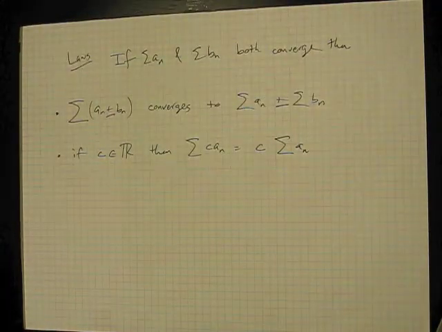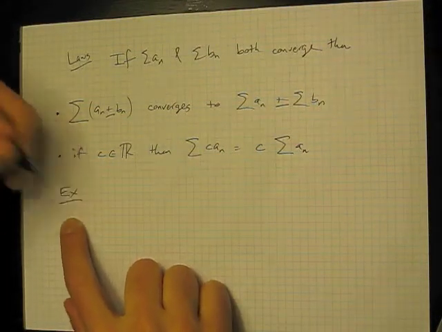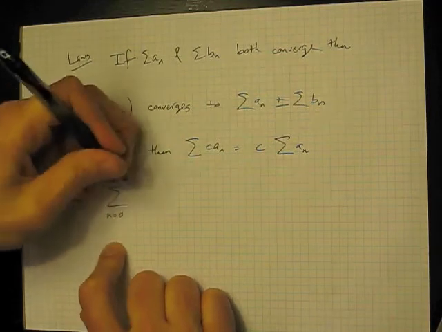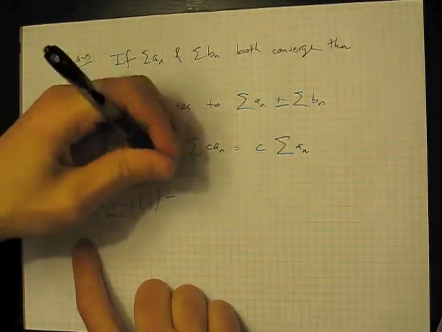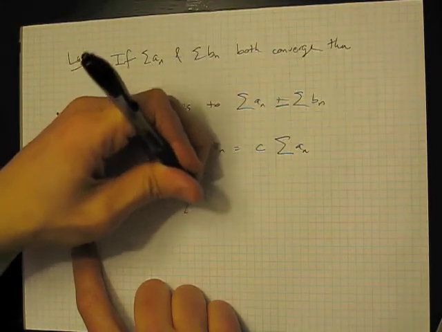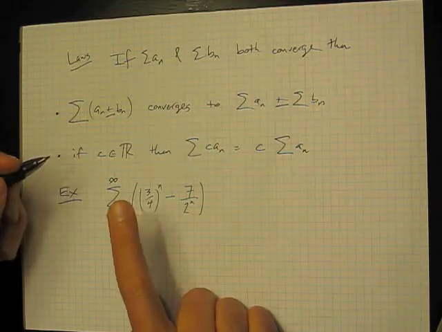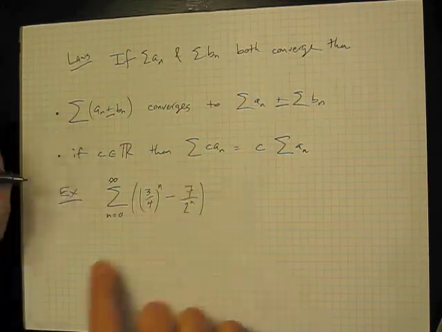Maybe as an example, let's just take a look at this example. I'll start at 0. How about 3/4 to the n minus 7 over 2 to the n? This series right here. Okay, we know that 3/4 to the n is a geometric series, and 7 over 2 to the n is also a geometric series.